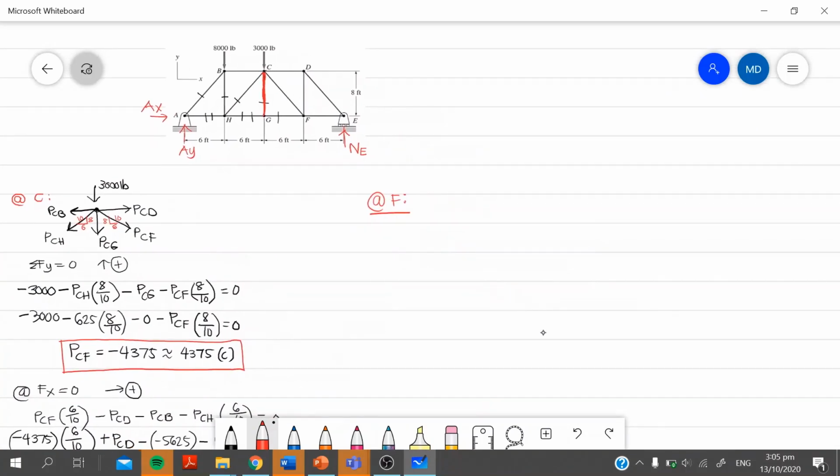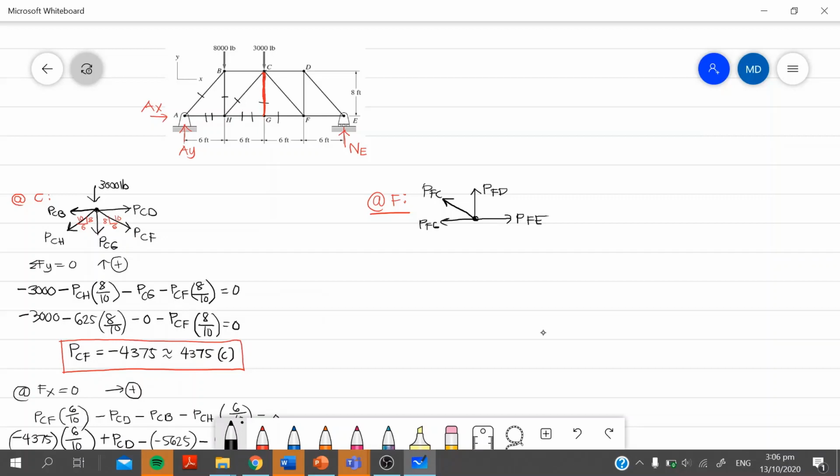Look at joint F. So these are attached at joint F. We have force FD, so tension away from the joint. Force FC. And then we have force FE. And then we have force FG. Okay, always assume tension. Anyway, it will be corrected later on, to make it easier. FC, FD, FE, FG.